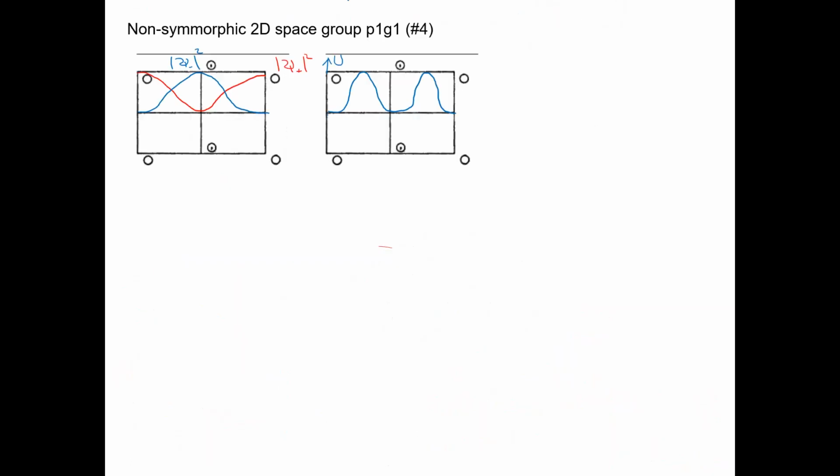In this case, what I should expect is that the potential energy is roughly a cosine of 4 pi over a x. It oscillates twice within one unit cell. Okay, so that should be, let's say, the lowest harmonic of this potential energy, right?